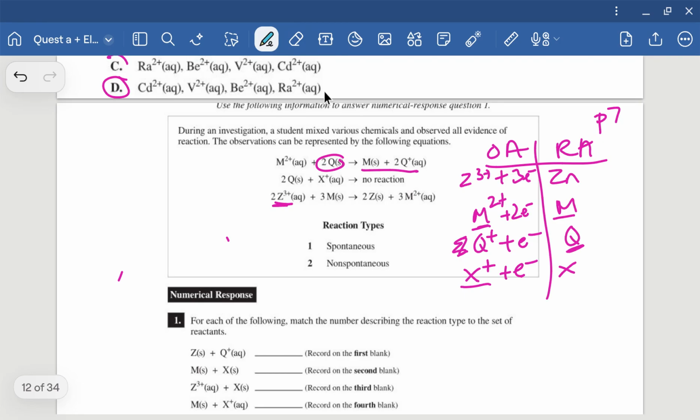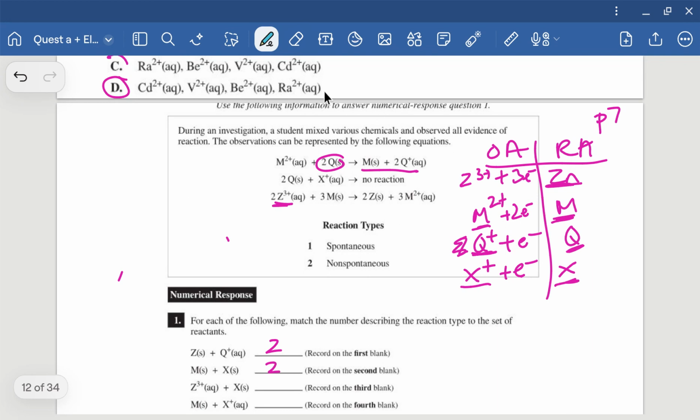So now if I was taking a look and it's asking what would happen if Z and Q positive reacted, well, Z is here, Q positive is here. That means your OA is lower than your RA. That's going to be non-spontaneous. Now, if M reacted with X, RAs aren't going to react with each other. So that's also non-spontaneous.